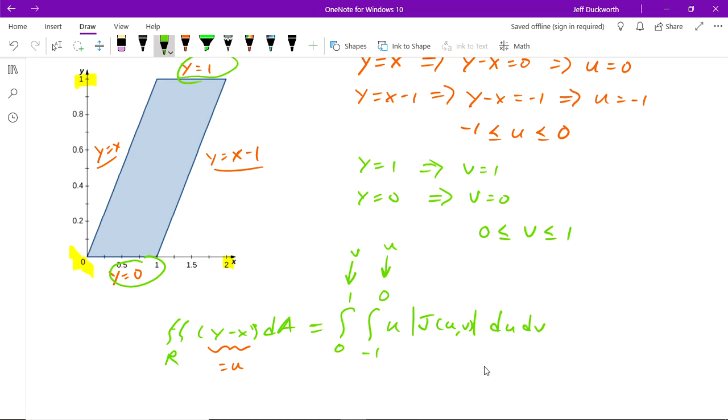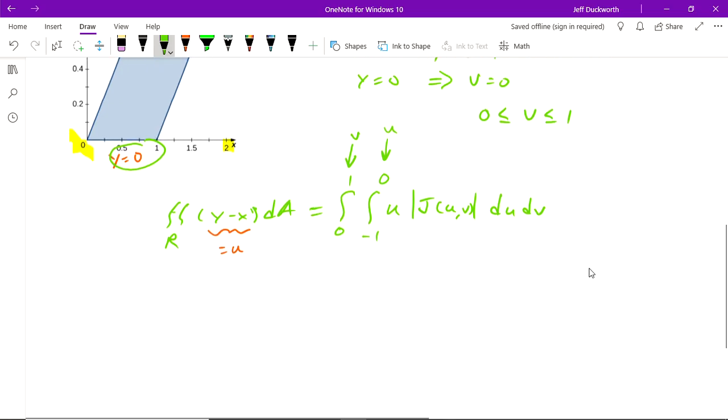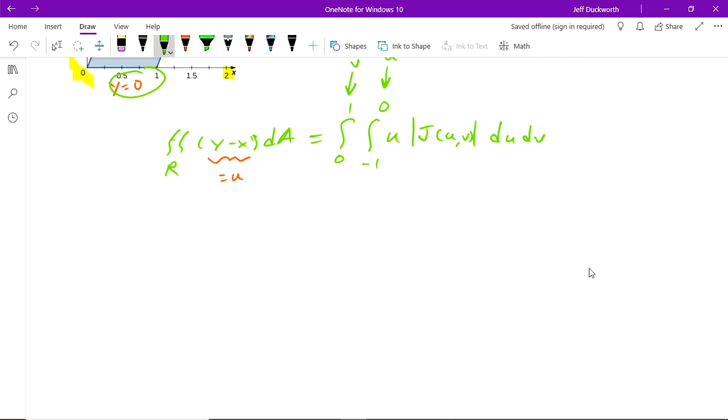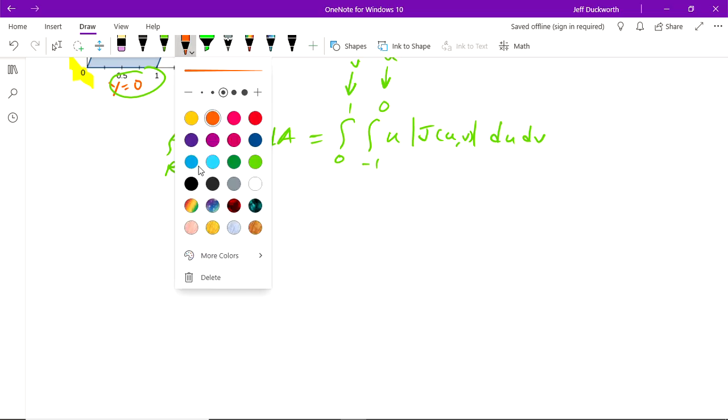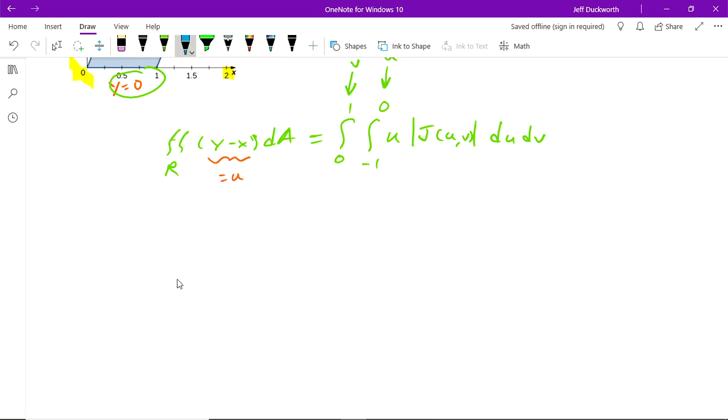Well, this is an easy integral, except of course we haven't done the Jacobian. We went over how to do that in the previous video, but let's write that down. Let's pick a different color, go in blue.